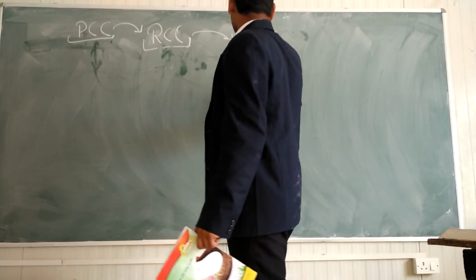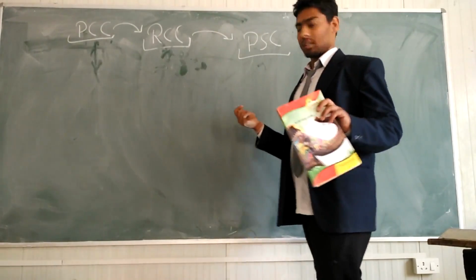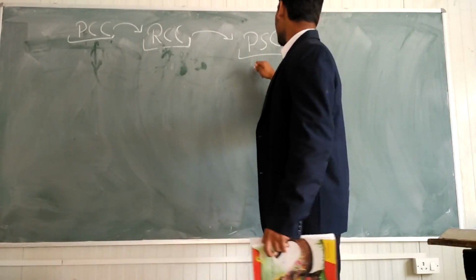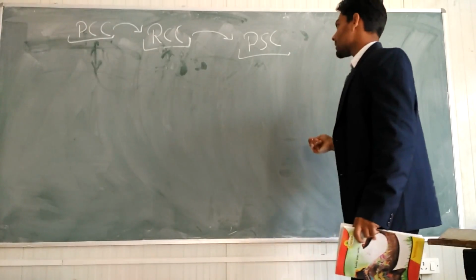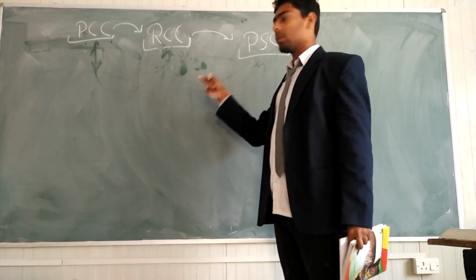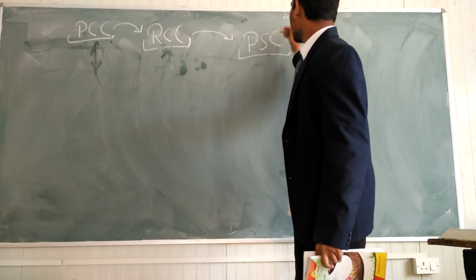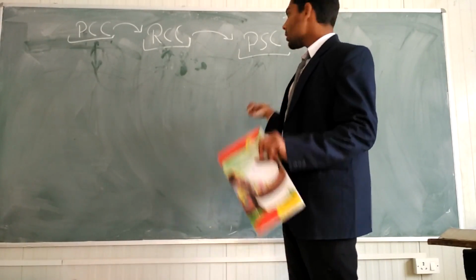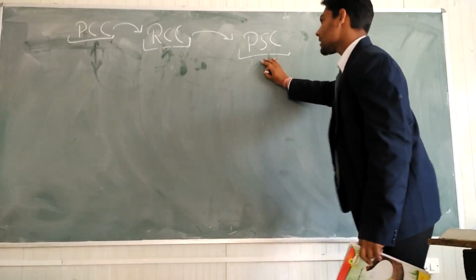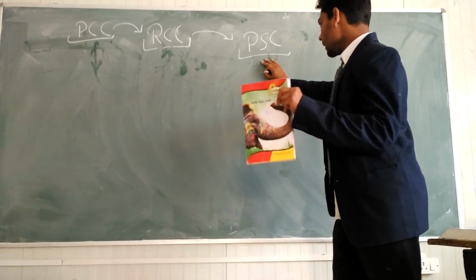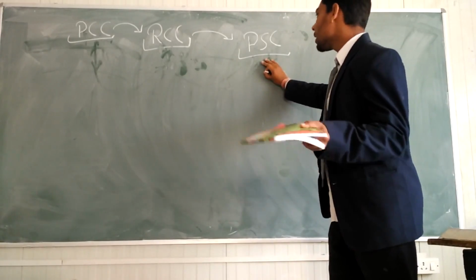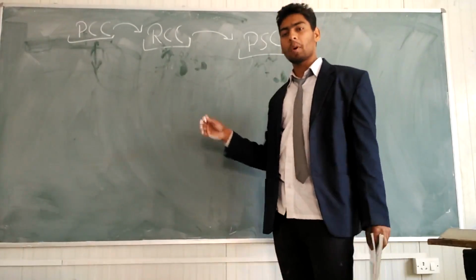But there is another concept to construct a structure, by designing it with PSC, pre-stressed concrete. So what is pre-stressed concrete? Pre-stressed concrete is simple concrete, but with an introduction of a number of bars.